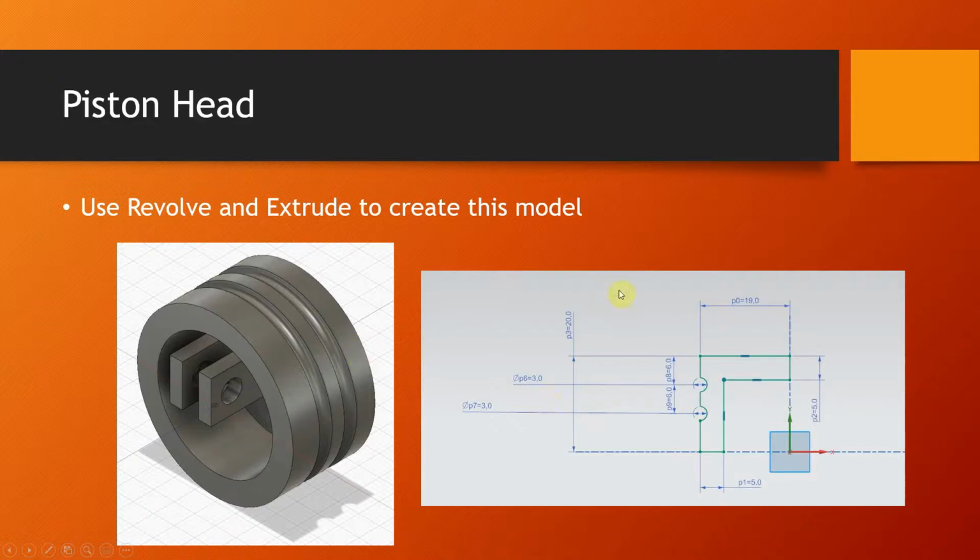Okay. Now here we have our first sketch, but it looks a little bit different than what you're used to. The reason for that is this sketch was created using another CAD software called NX. Now NX is kind of similar to Fusion.